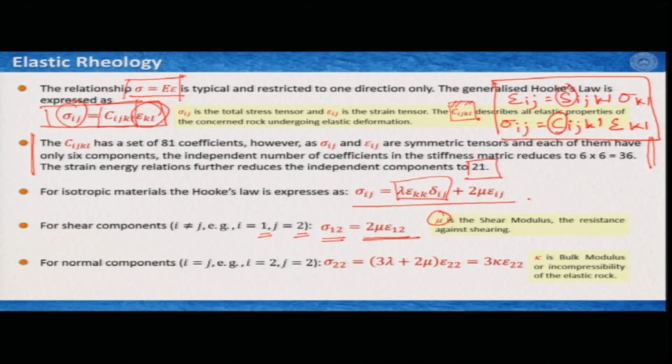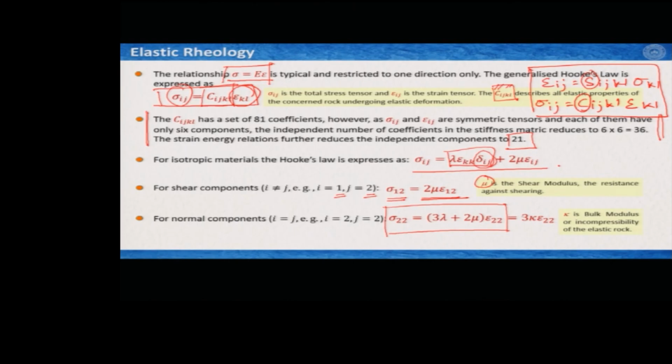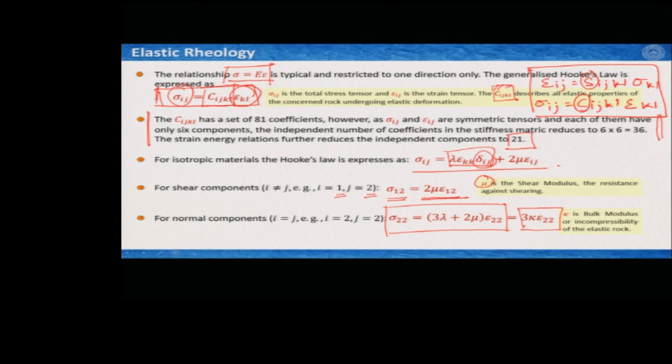And if it is for normal components, that means i equal to j, then the Kronecker delta value should be 1, and this can be expressed with some algebraic calculations. You can represent it further by this, and therefore, you get the bulk modulus from this equation. Now, this is how it is done.